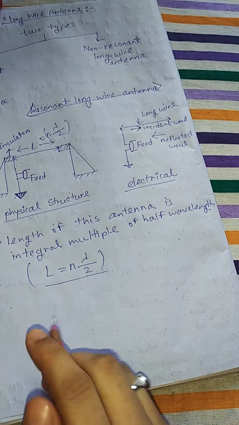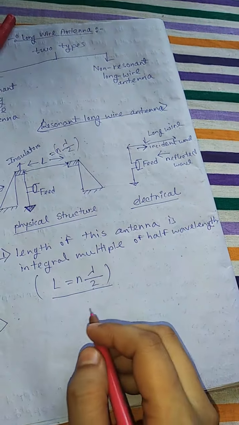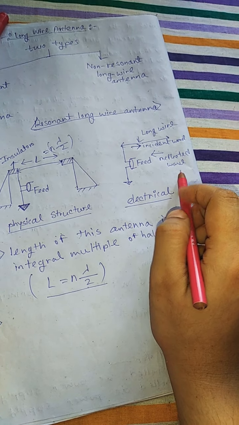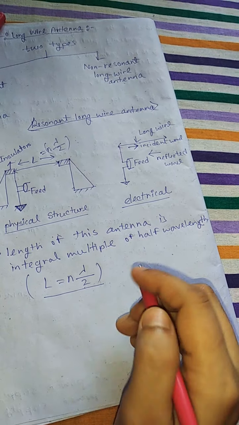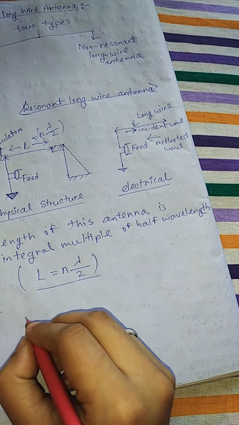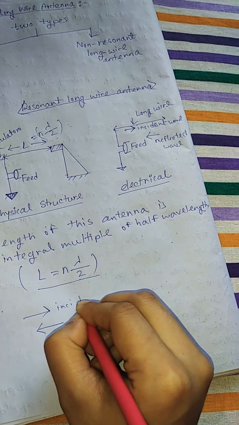So in this resonant long wave antenna, both incident and reflected waves are present on the long wire, resulting in standing waves.